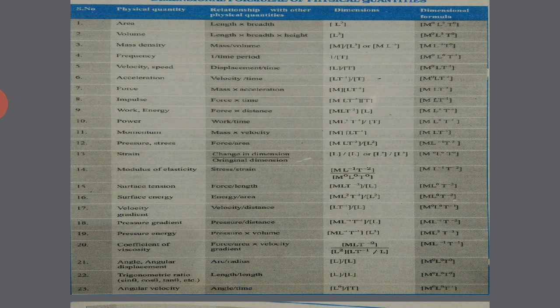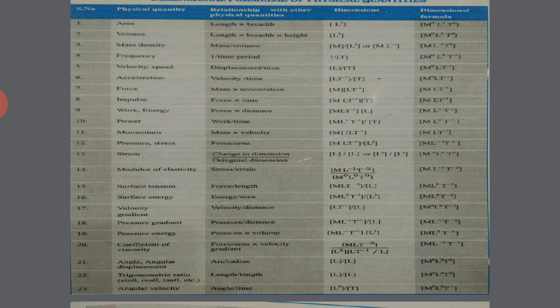Strain will be the first dimensionless quantity in this table. Change in dimension upon original dimension, L by L, so it will be dimensionless, M0 L0 T0. Modulus of elasticity, stress upon strain. We have just calculated stress and strain both. Stress is the same as pressure and strain is a dimensionless quantity.